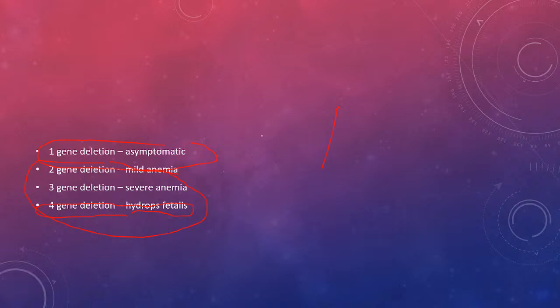You have alpha, alpha, alpha, and then one is deleted. All right, that's your one gene deletion. And you can say alpha, alpha, alpha blank, alpha blank. That is two gene deletions. There's going to be mild anemia. Now, three gene deletions you already understand. We're going to go with hydrops fetalis. There's literally no alpha genes.